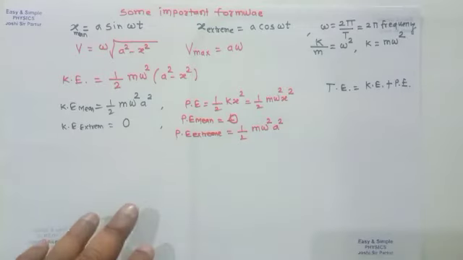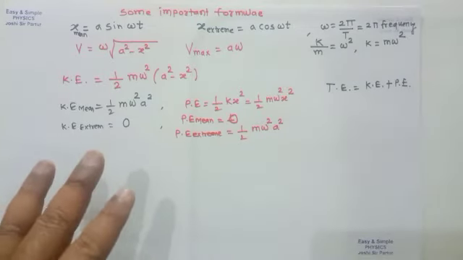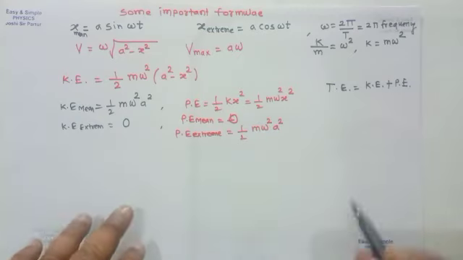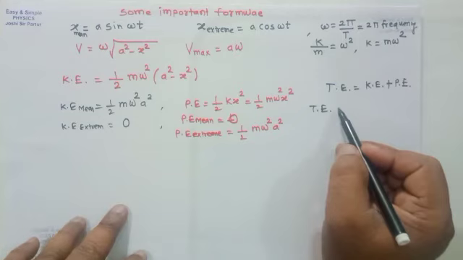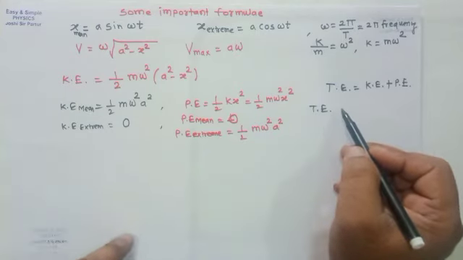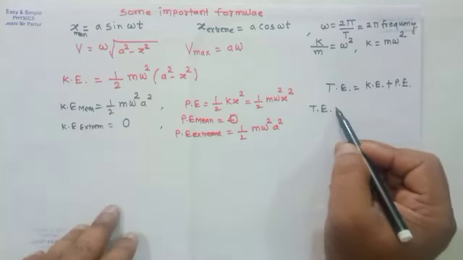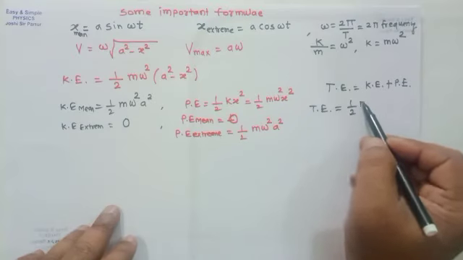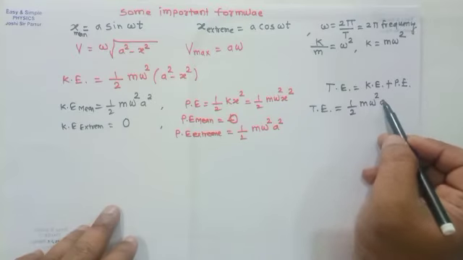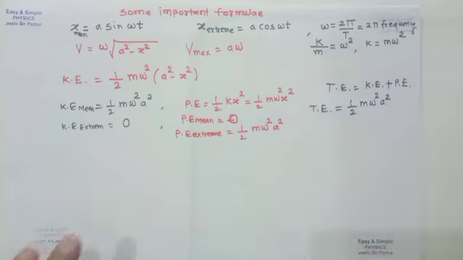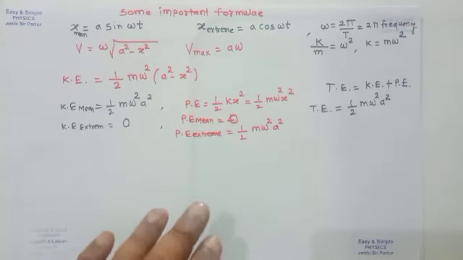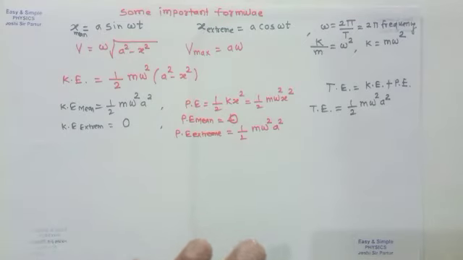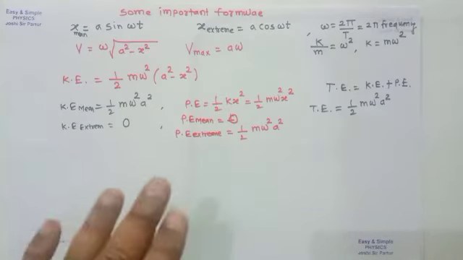So total energy at mean position, at extreme position or at any position will be half m omega square a square, which is constant. The energy will be conserved, which shows the law of conservation of energy.